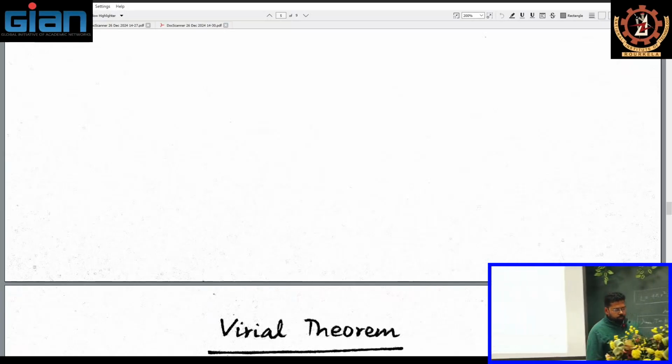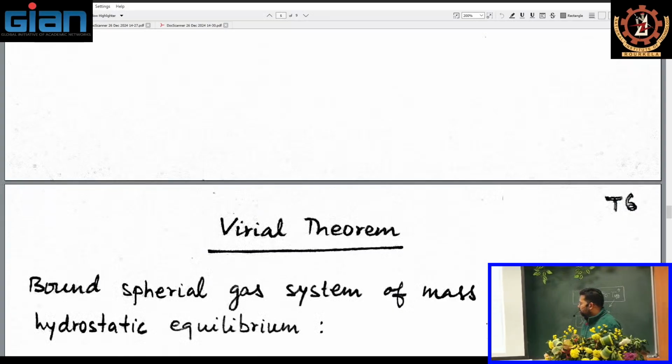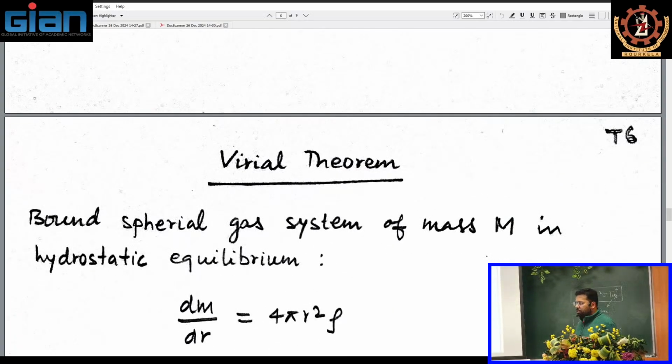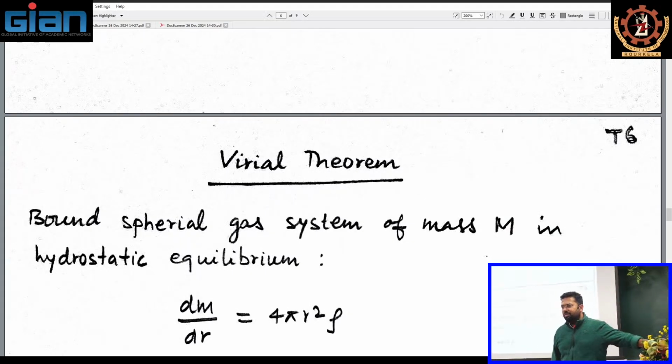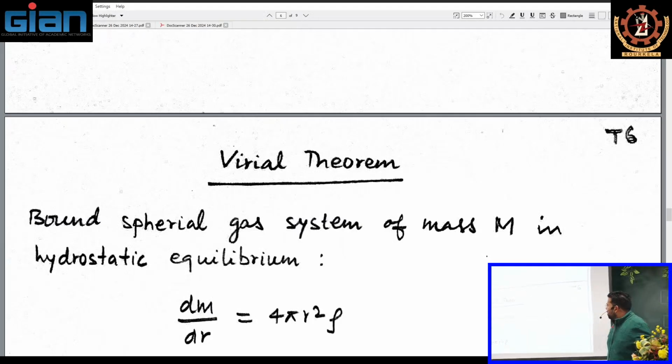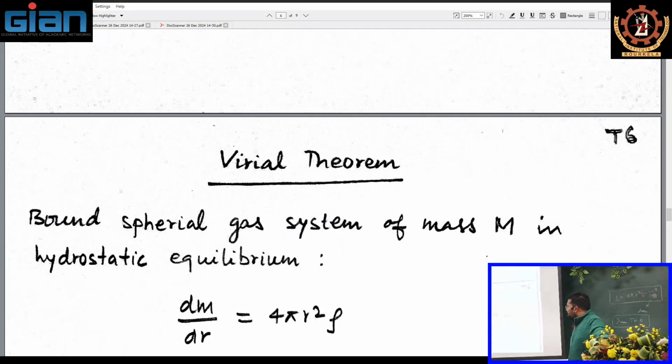Okay, so we'll come back to the statement of the theorem, but we'll first consider in our context how we can show the relation between certain quantities, and then state what the Virial theorem is. If you consider a star, it is a bound spherical gas system with a particular mass m, and it is in hydrostatic equilibrium.